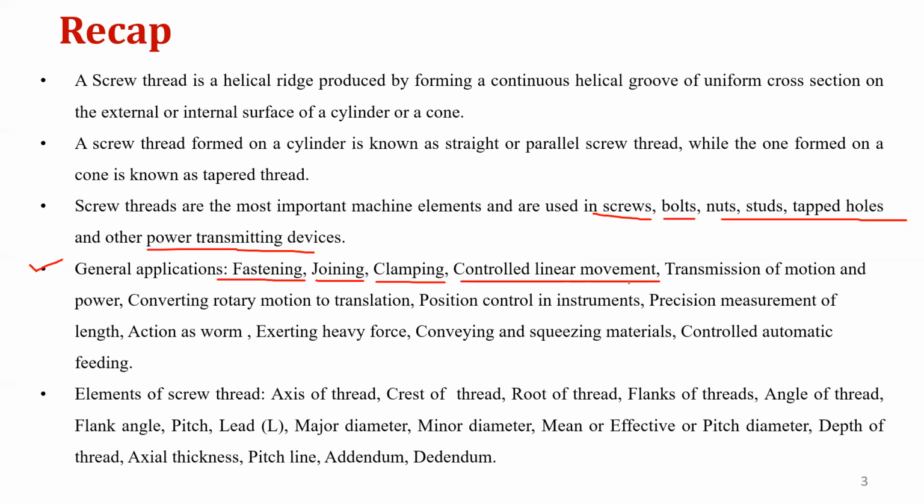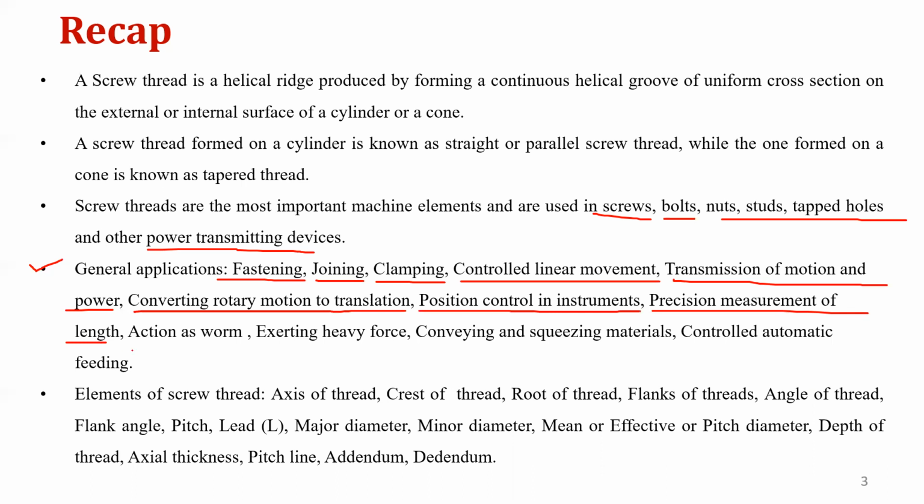We use them in cross slides, upper slide, and transmission of motion and power, like lead screws, converting the rotary motion into translation. So in the case of kinematic systems, and position control in instruments, precision measurement of length, that is in micrometers.